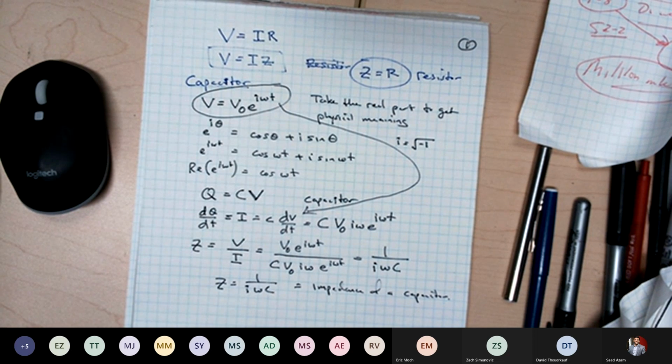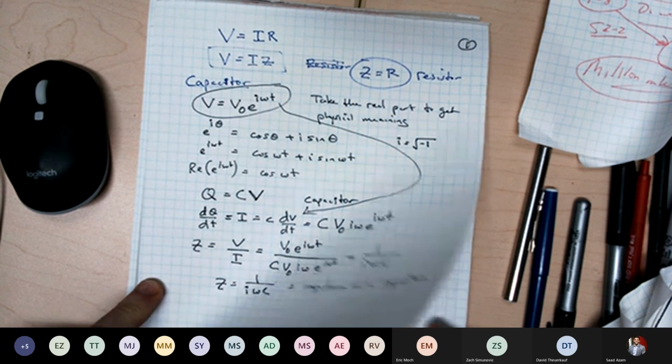Okay, are there any questions about that? All right, good. I'll scan these notes and send them to you after.